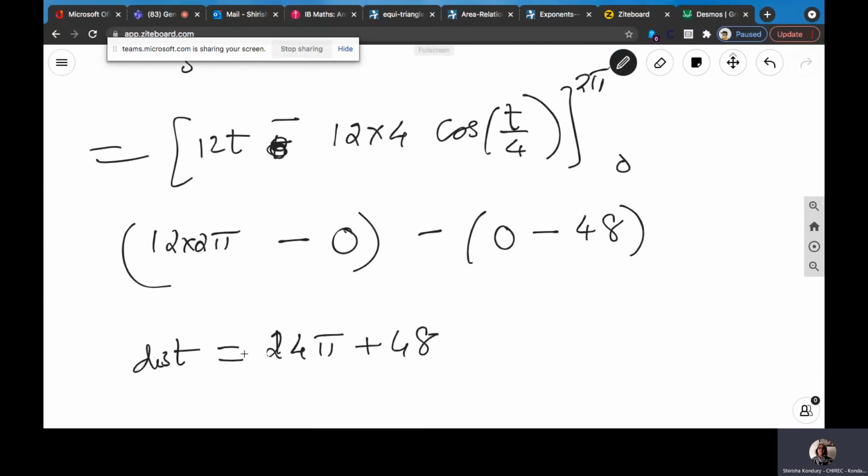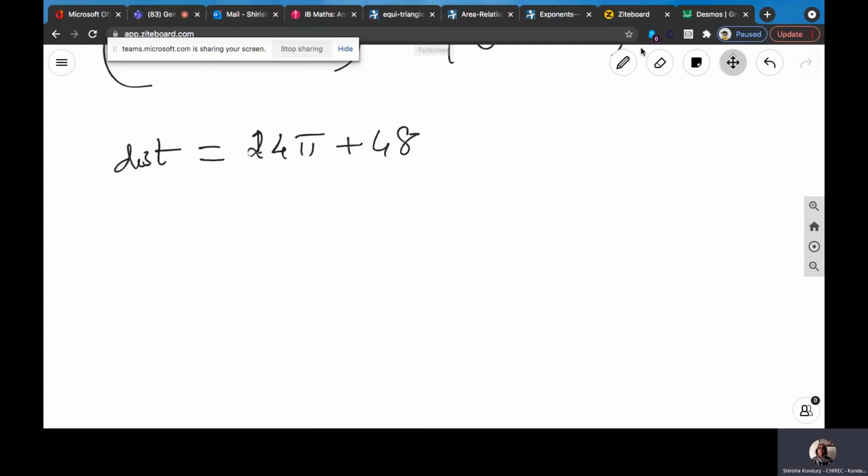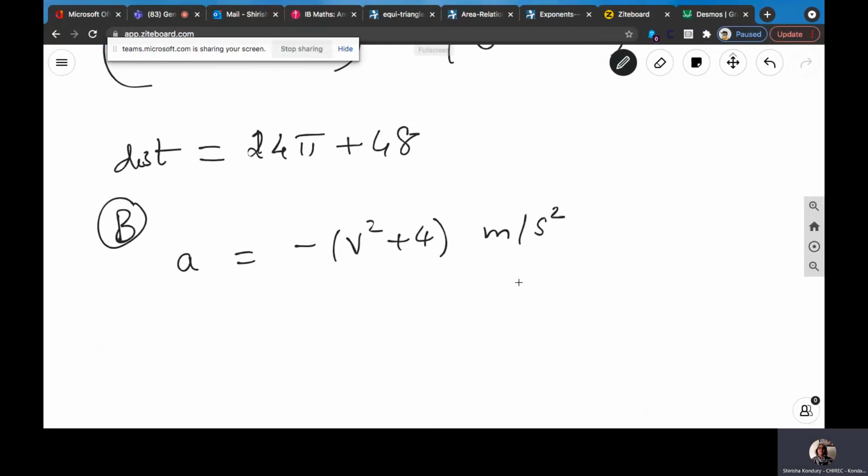Another particle. So in the same question, it continues. Another particle Q moves in a straight line, and its acceleration is given by minus v square plus 4 meter per second square. At time t equal to 0, Q is at 2 meter per second velocity.